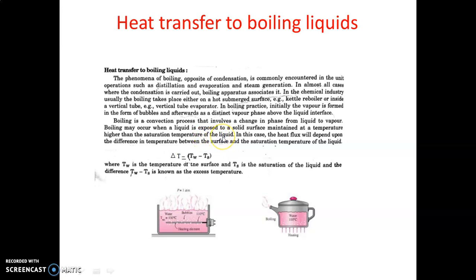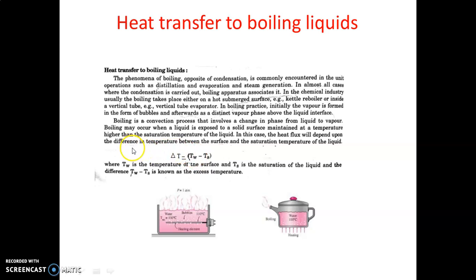For example, if you are boiling water, you maintain a higher temperature, say 110 degrees Celsius, while the saturation temperature of water is 100 degrees Celsius. So the boiling process takes place.